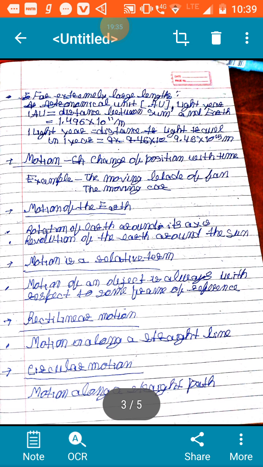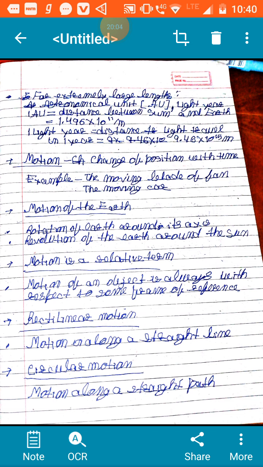For extremely large lengths, we use the astronomical unit, AU, and the light year. 1 AU is equal to the distance between Sun and Earth. This is 1.496 into 10 to the power 11 meters.